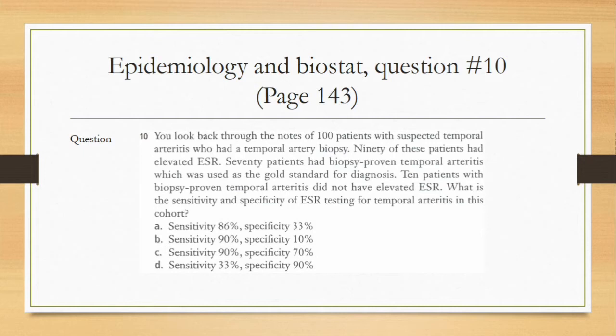And about epidemiology and biostatistics, you have question number 10 on page 143. It basically asks the sensitivity and specificity about this test called ESR. So ESR is the test that is evaluated here, and pay attention to this number 90, which is the total amount of patients that tested positive for the ESR test.